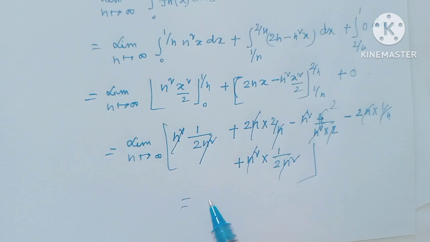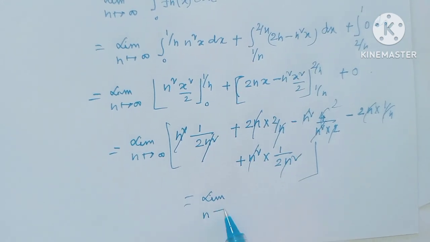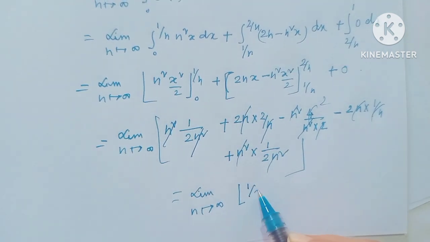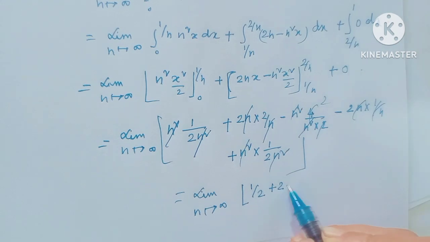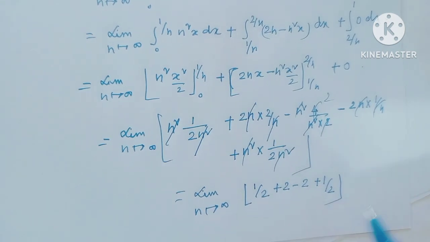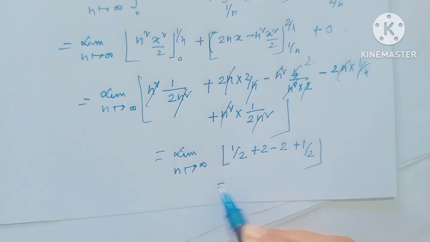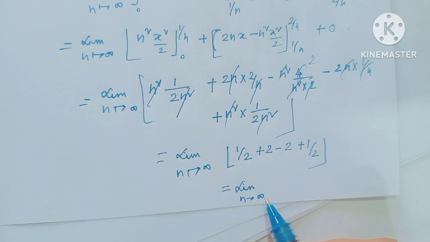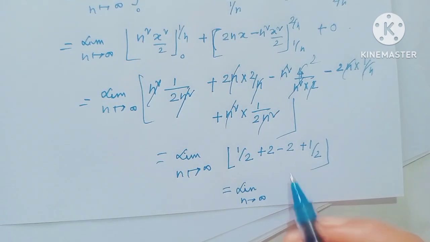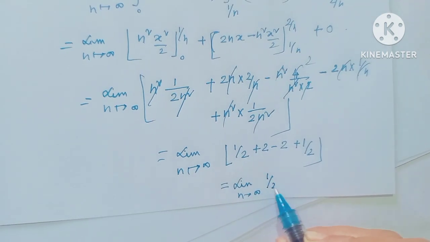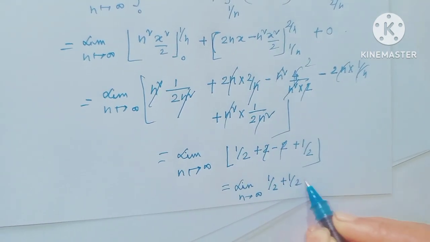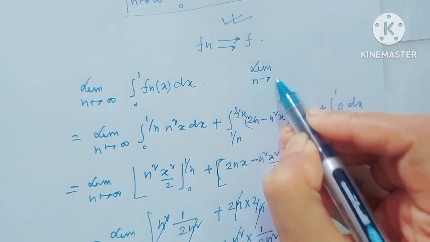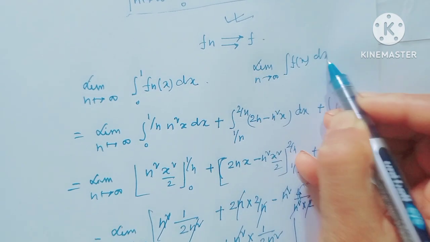This value is 1/2 + 2 − 2 + 1/2, and this value is, as n tends to infinity, this value would be cancelled. 1/2 + 1/2, this value is 1, and the limit as n tends to infinity of f(x) dx equals 0.